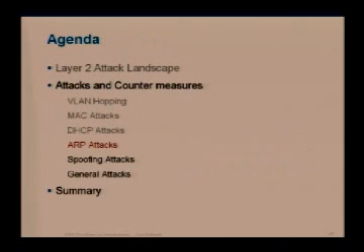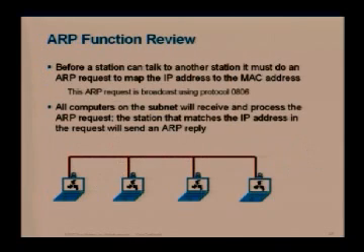So now we talk about the ARP attacks. A little background again: how does ARP function? Or first of all, what is ARP? Address Resolution Protocol. ARP is a basic functionality within the network to map the IP address to the MAC address.